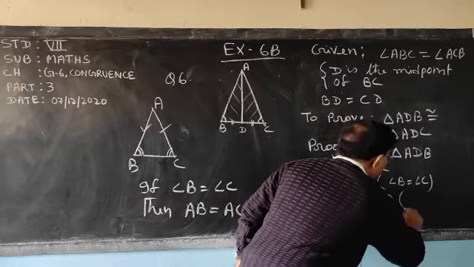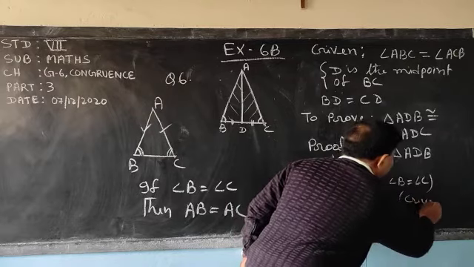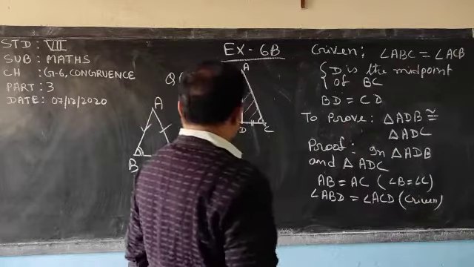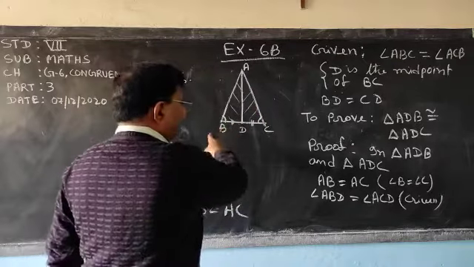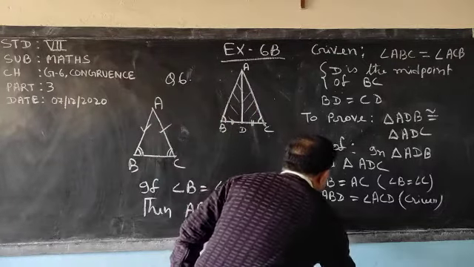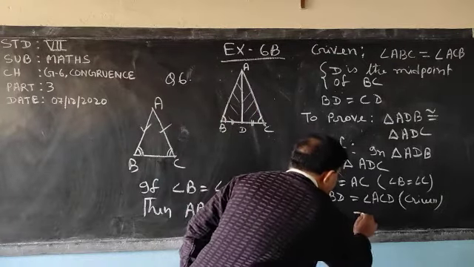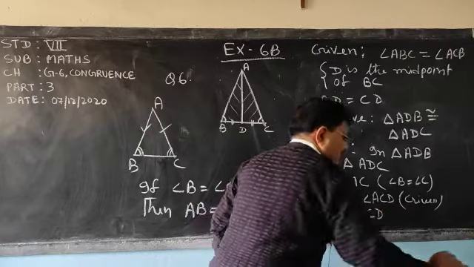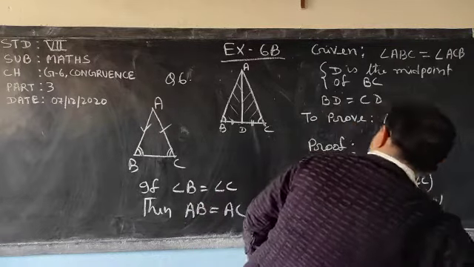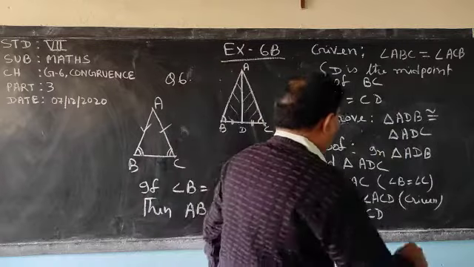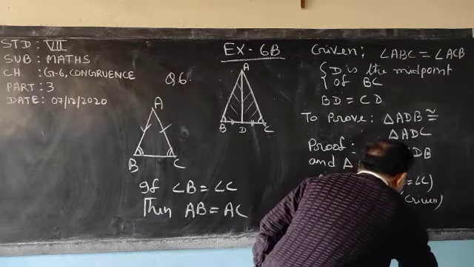What is the reason? Given. And third one, BD is equal to CD. Why? Because D is the midpoint of BC, given.